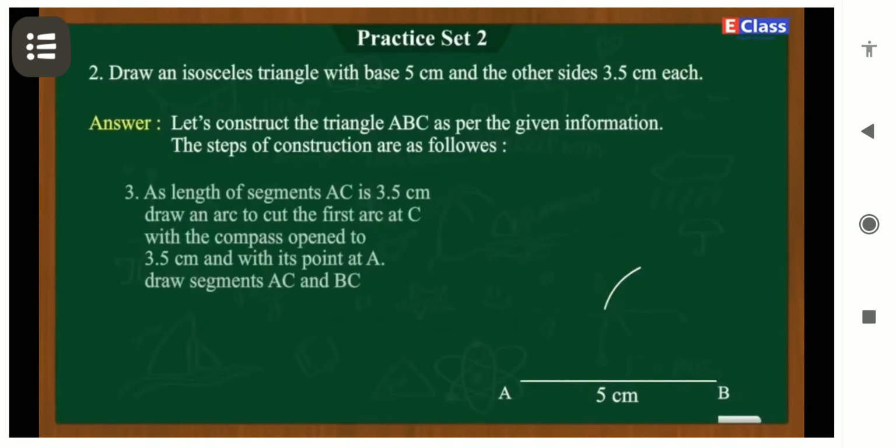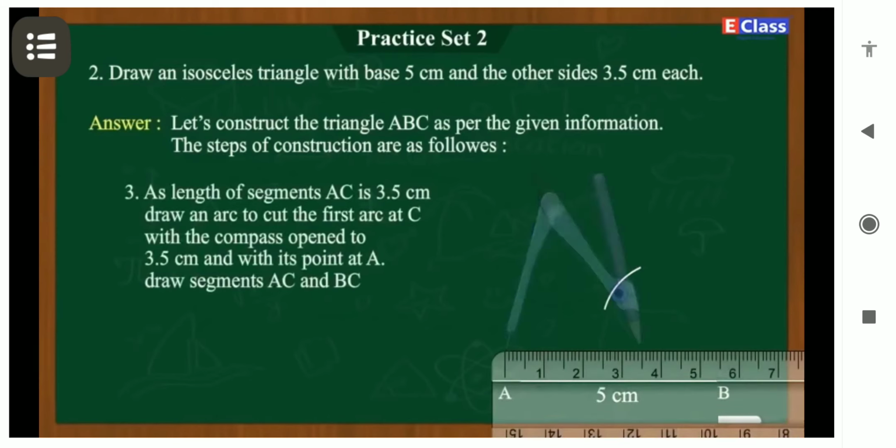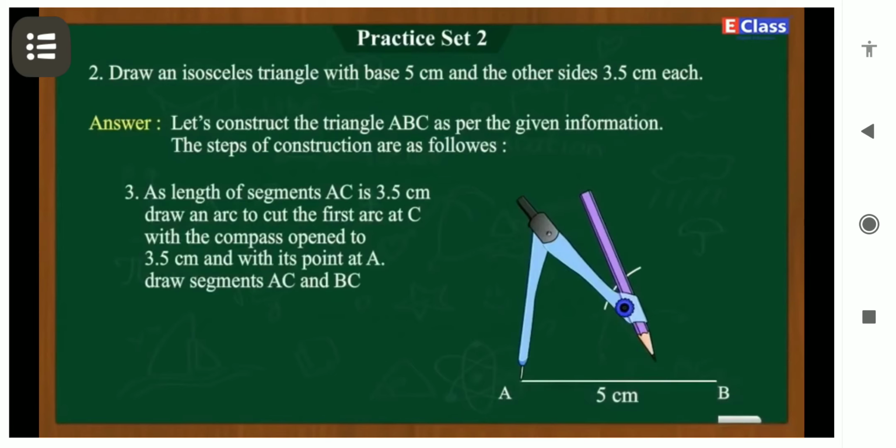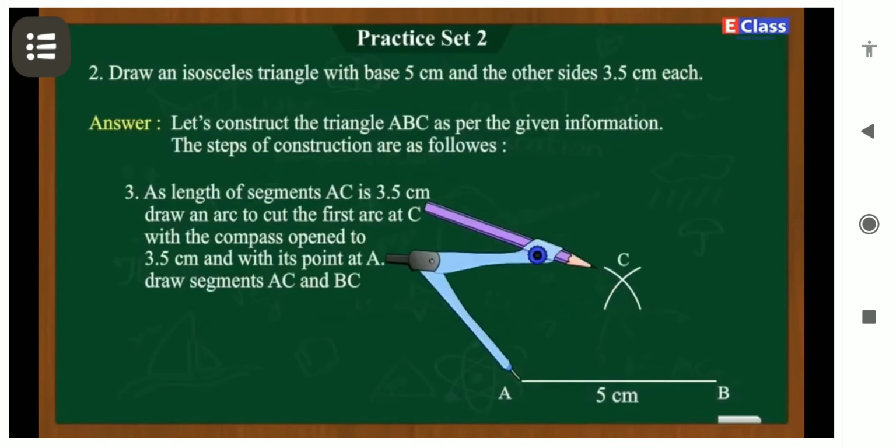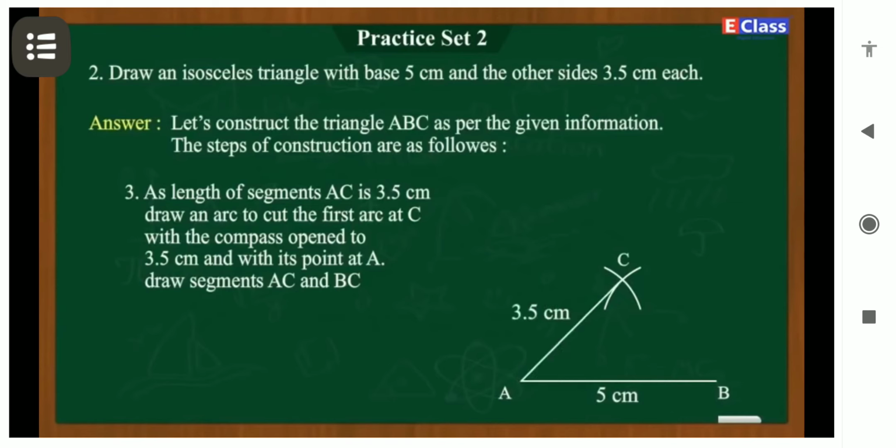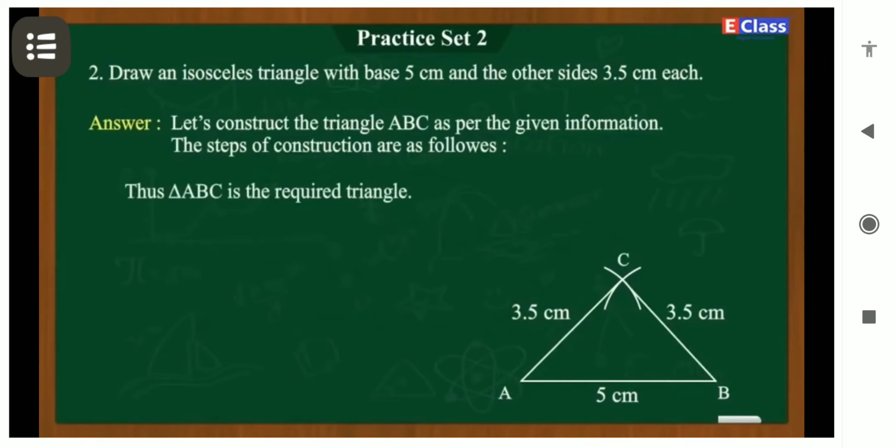As length of segment AC is 3.5 centimeters, draw an arc to cut the first arc at C with the compass opened to 3.5 centimeters and with its point at A. Draw segments AC and BC. Thus, triangle ABC is the required triangle.